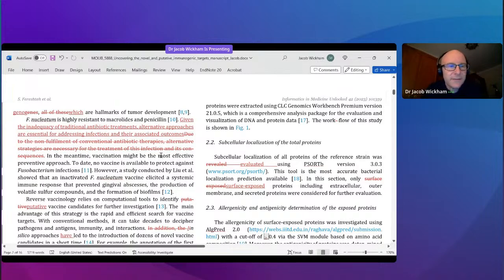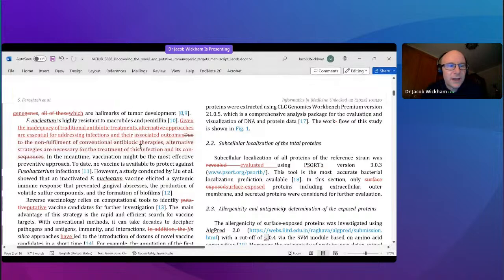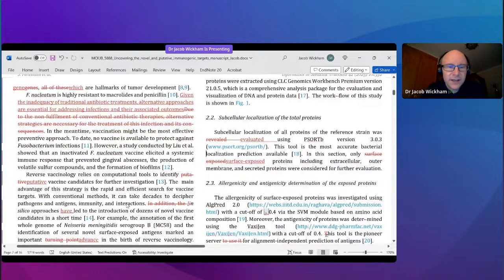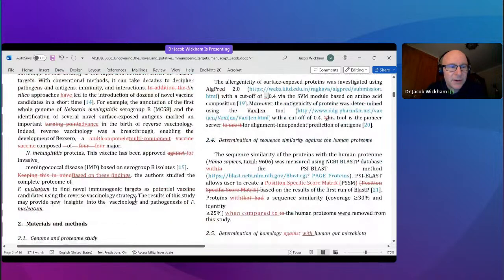That's vaguely written, so we rewrote it as: "Given the inadequacy of traditional antibiotic treatments, alternative approaches are essential for addressing infections and their associated outcomes." Here we've cleaned up the writing, and it's a good lead-in to the main question that the authors are going to address in this paper.